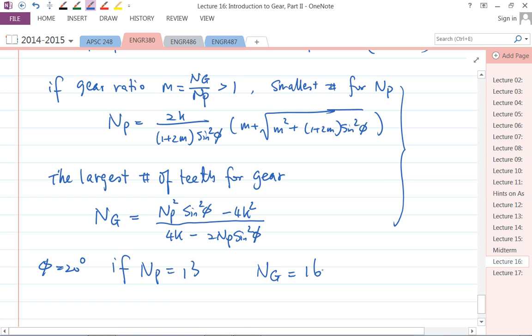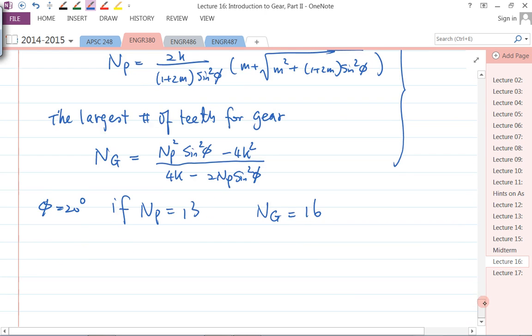Okay. And you can keep punching the numbers there. And actually, when it reaches 18, you will see that the NG just becomes infinite. Okay, so what does that mean?